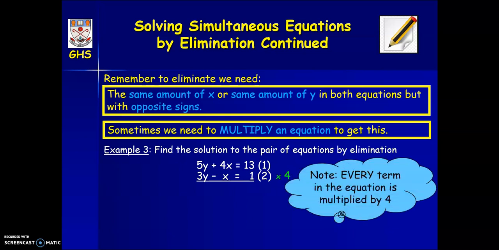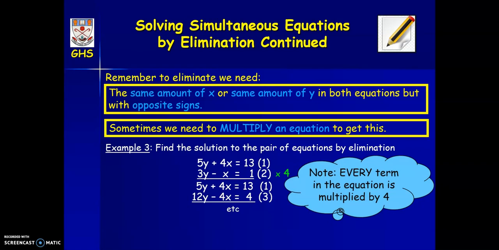Now when you multiply the equation, please note that every term in the equation gets multiplied. So when we do this, equation 1 remains the same, so we get 5y plus 4x equals 13 for equation 1, but equation 2 becomes 12y take away 4x equals 4.